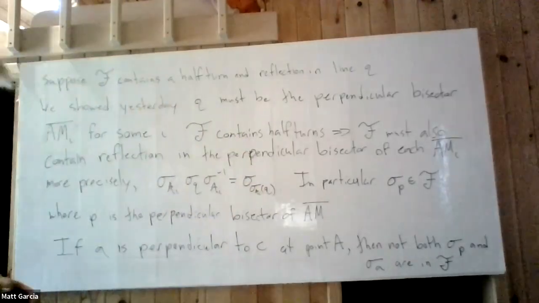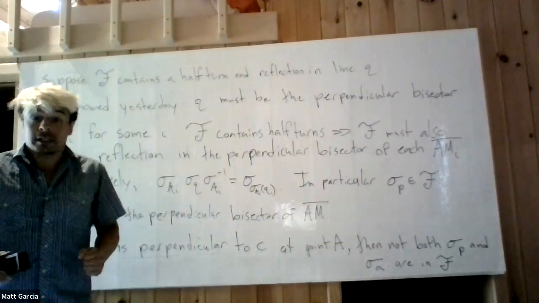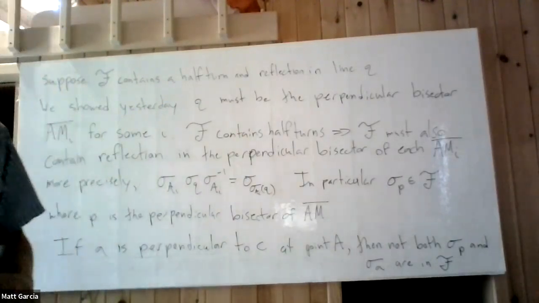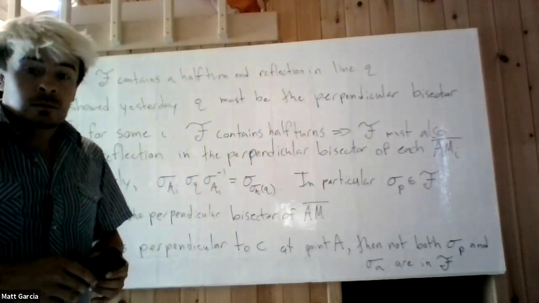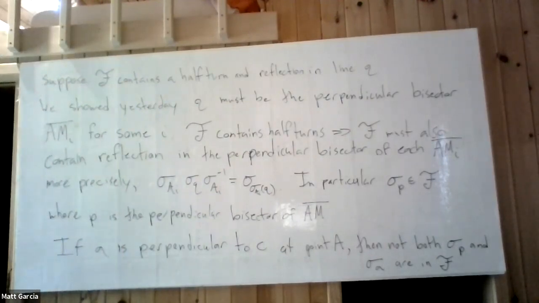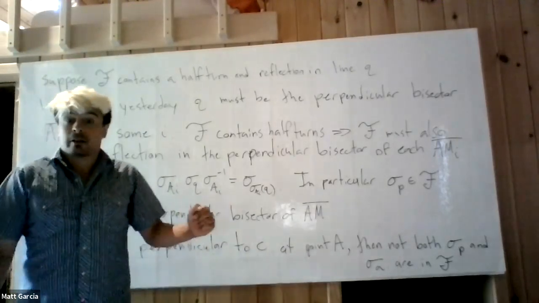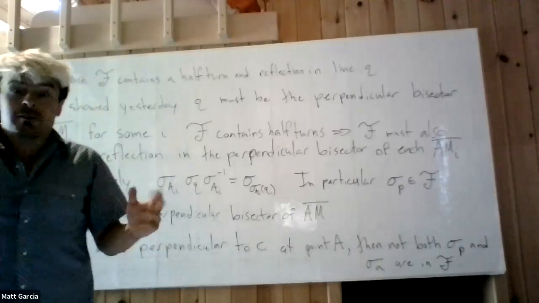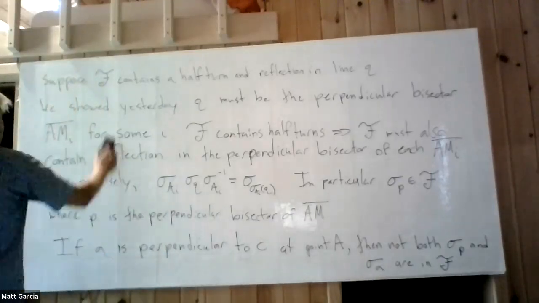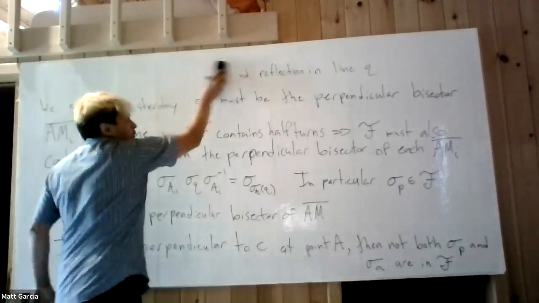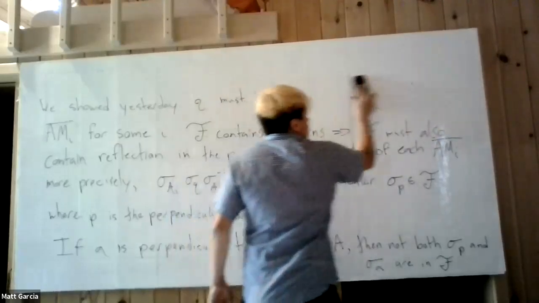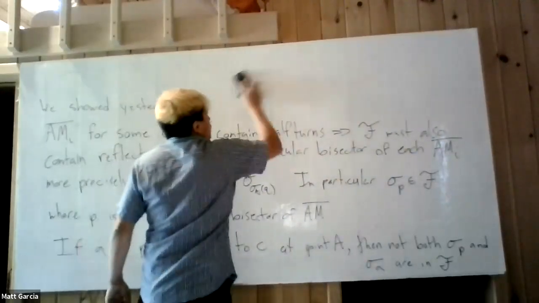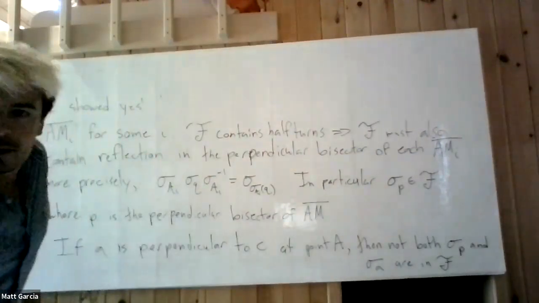Well, what happens? First of all, how are the lines A and P related? Well, one thing that they have in common is that they're both perpendicular to C. If two lines have a common perpendicular, what does that say about them? Well, that means that, yeah, that they're parallel.